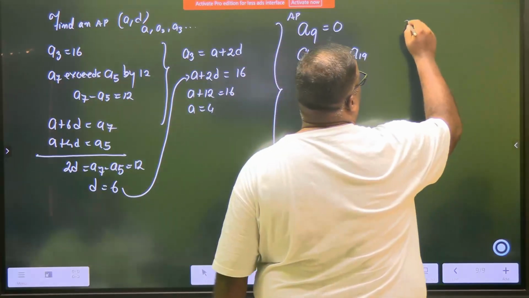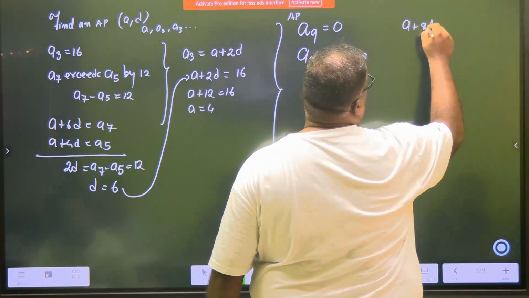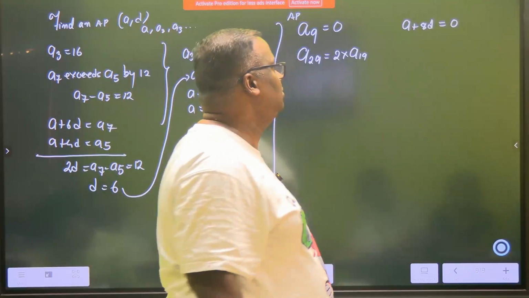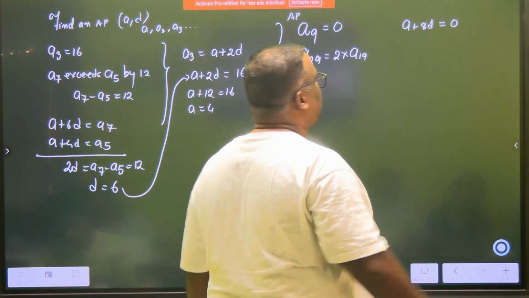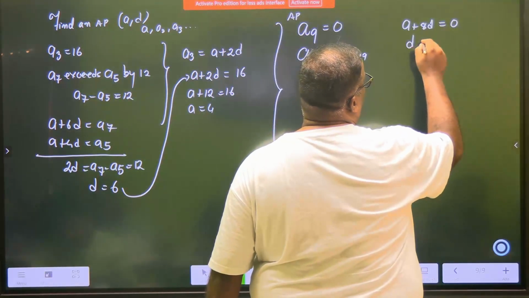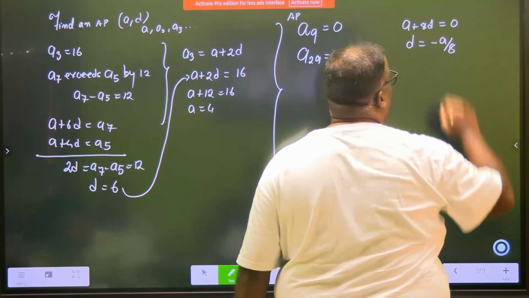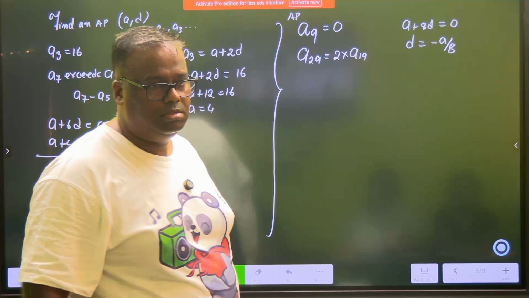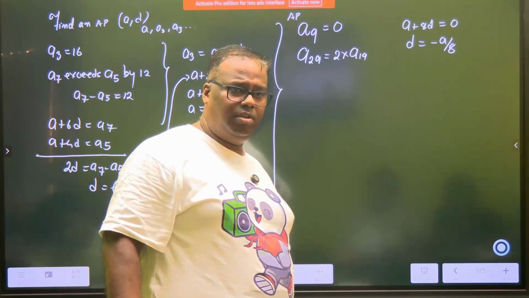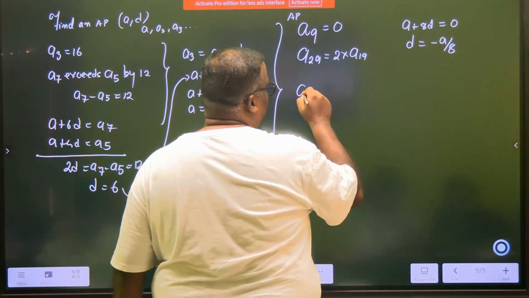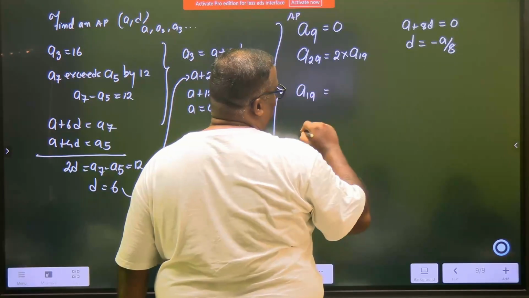Ninth term, A plus 8D is equal to 0. Agreed? Very good. That means I can write D's value as negative A upon 8. Yeah, D is negative A upon 8. Now let us solve for A19. A19 is what, beta?